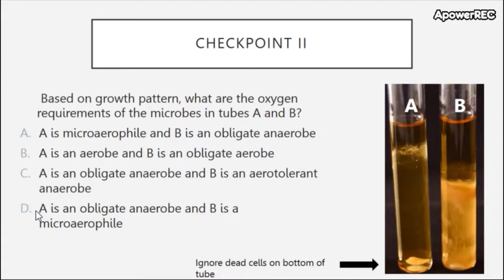And D, A is an obligate anaerobe and B is a microaerophile. And remember, after about this point here in this real world example, this area right here lacks oxygen.